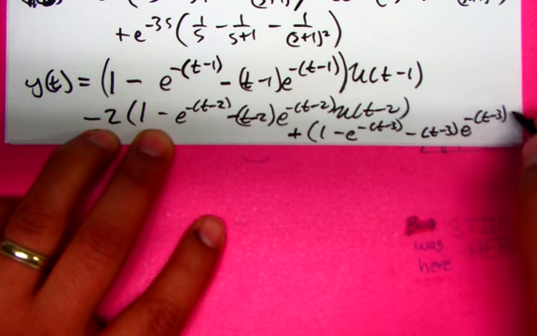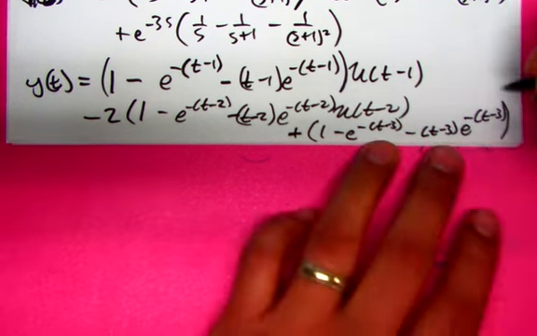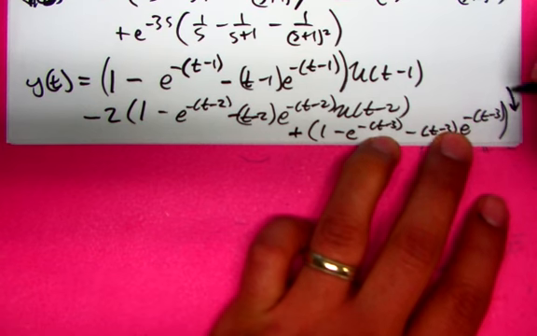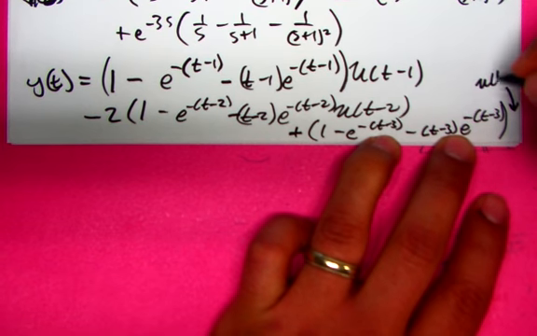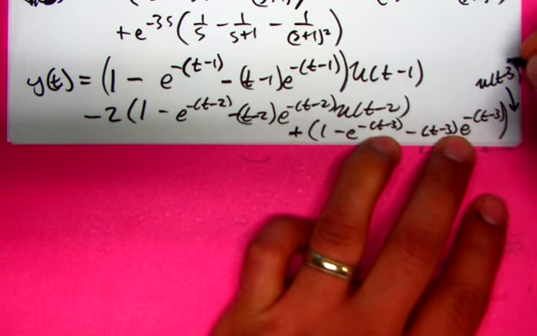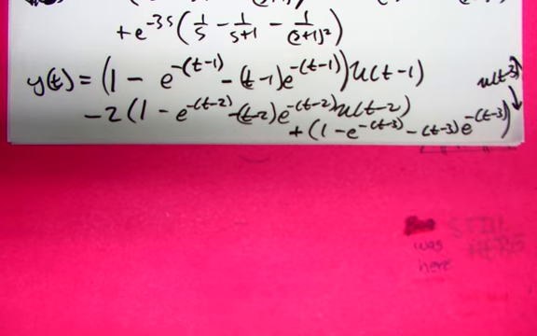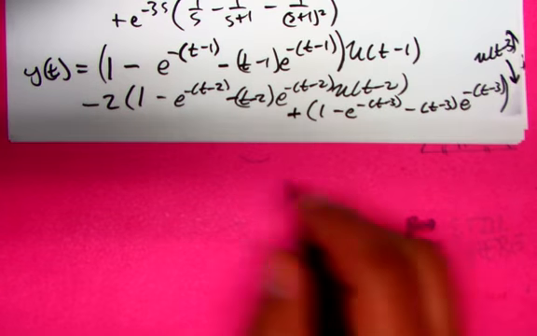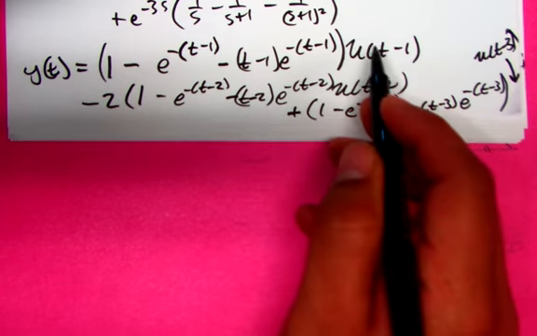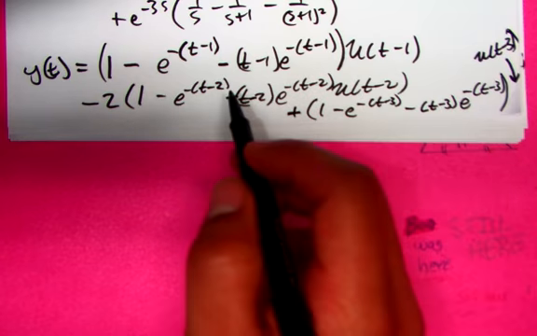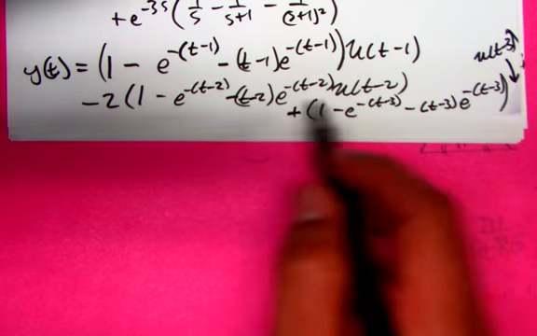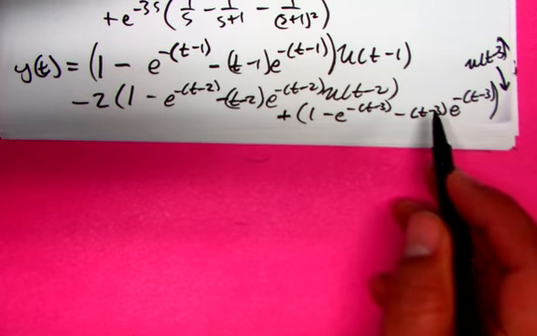And I'm out of space. This is all multiplied by u of t minus 3. Okay? So first quantity times u of t minus 1. Second quantity is identical. Just replace your inputs with the new shift, and then same with the third one.